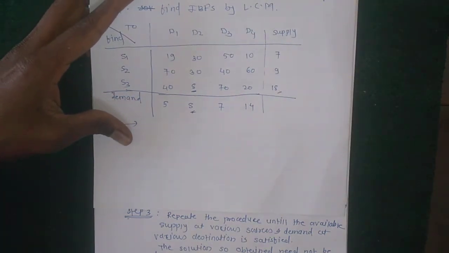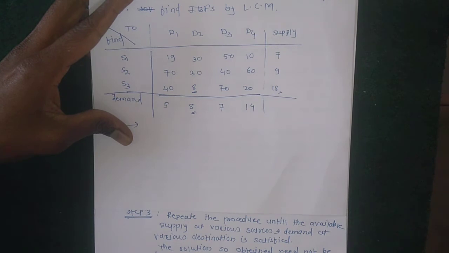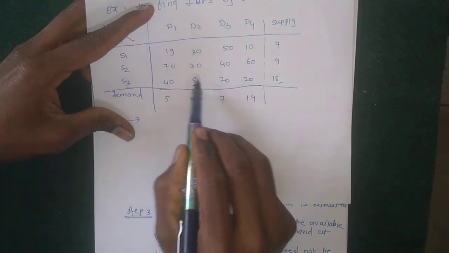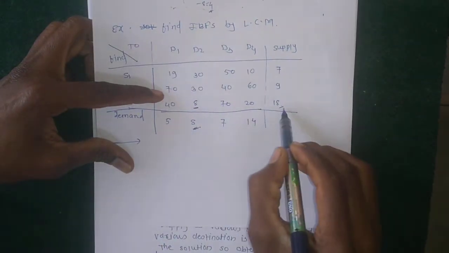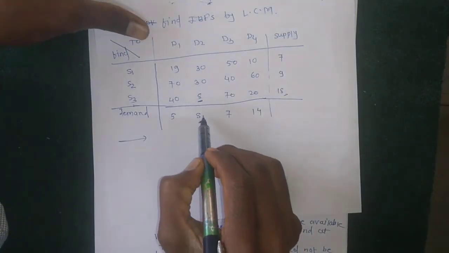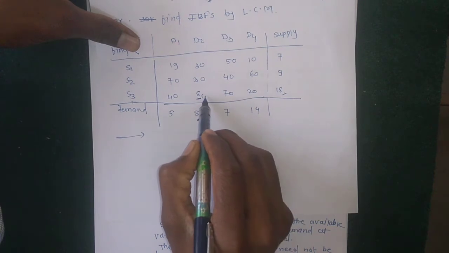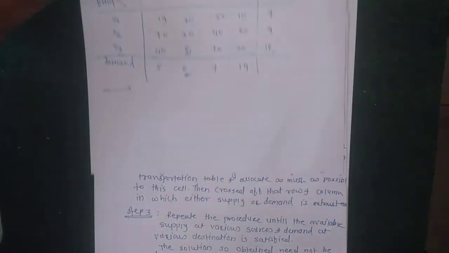But here the demand is 8 and the supply is 18, so allocate 8 here and remove column D2.